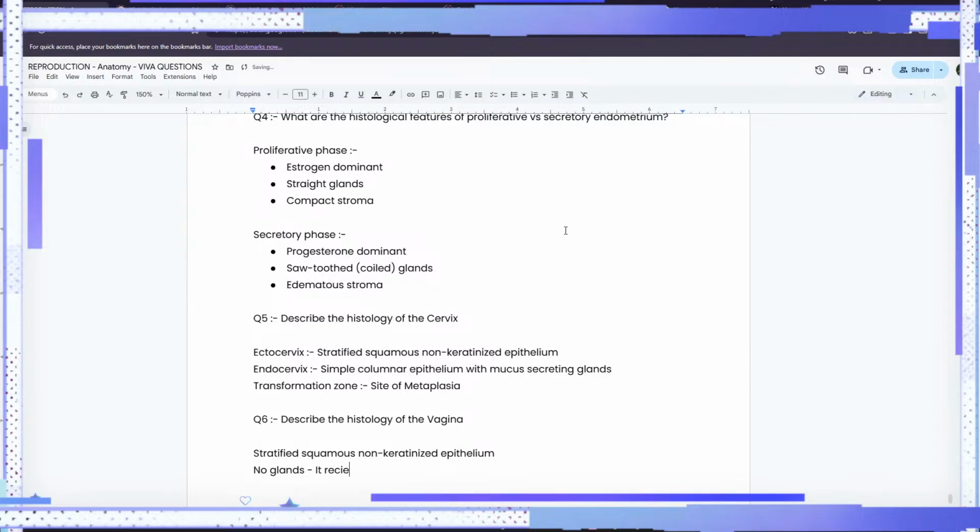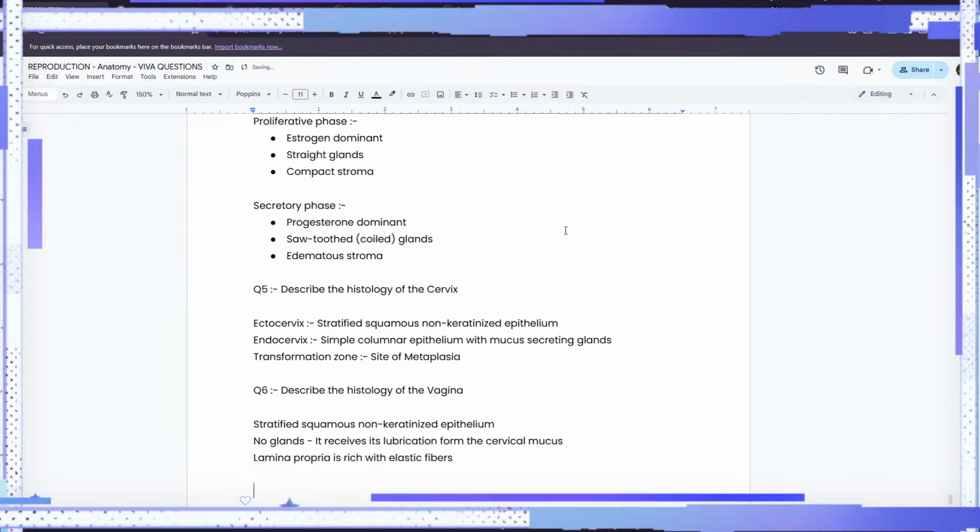It receives its lubrication from the cervical mucus, and the lamina propria is rich with elastic fibers. Awesome. I think that's good enough. Okay, that is perfect. I personally believe it's all good.